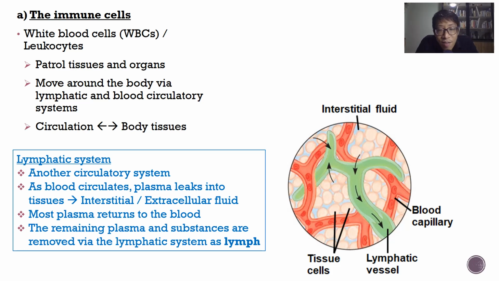And once their function is done, they can go back into the circulatory system and go to another part of the body. Also, there is this very high mobility of the immune cells throughout the body, in and out of the circulatory systems, in and out of body tissues.